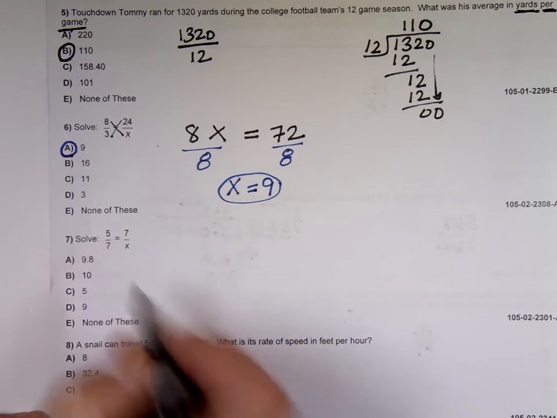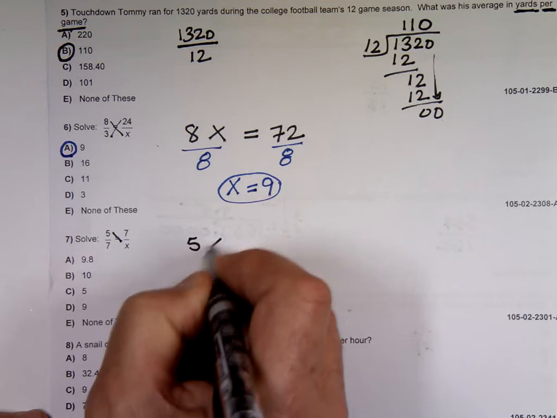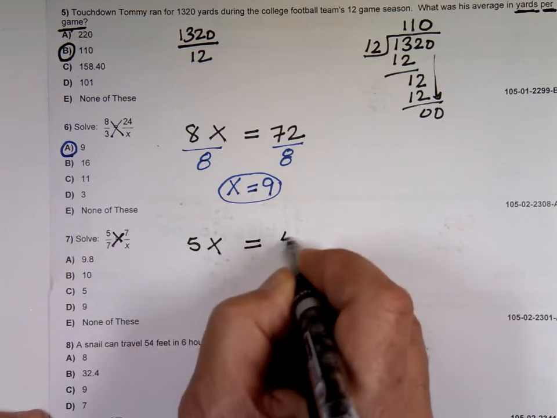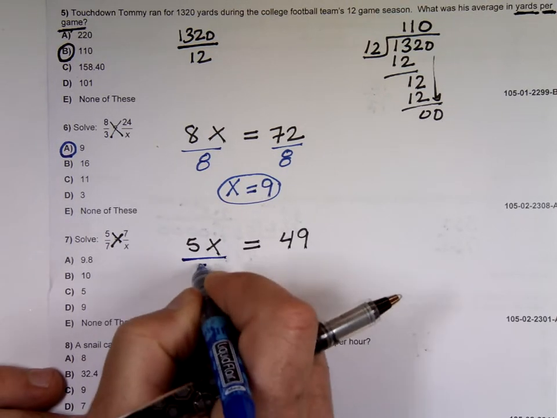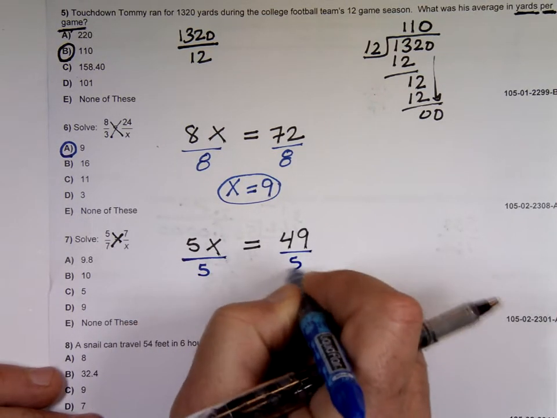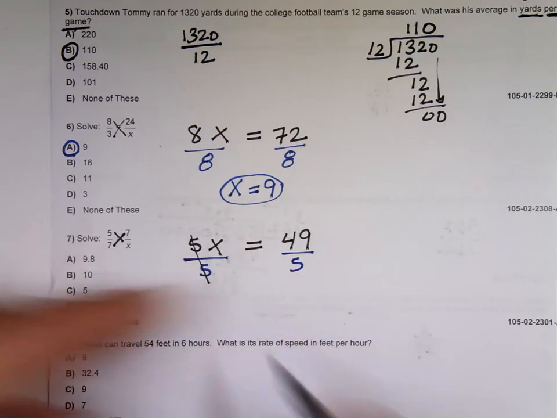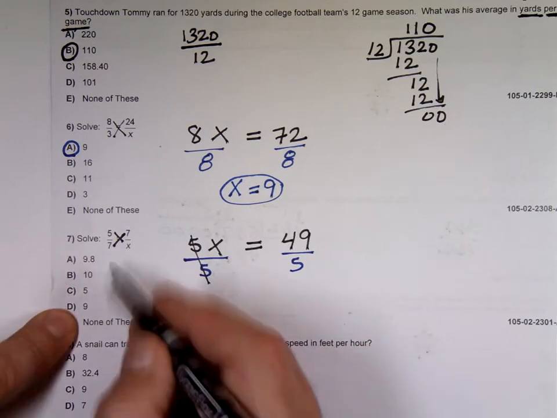This one will be what? Cross multiply. 5 times x. 5x equals what? 7 times 7. 49. And to solve for x, we're going to divide by 5. And notice my answers, they look like decimal numbers. So I can't leave it like this because I don't see an improper fraction here.